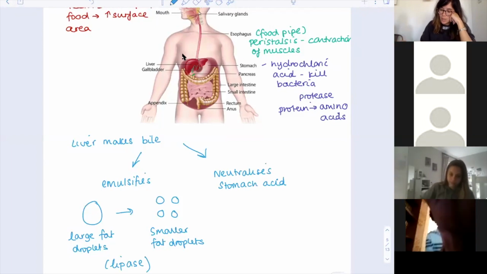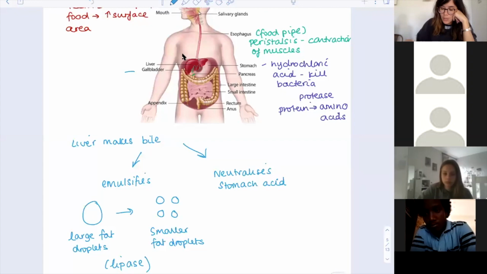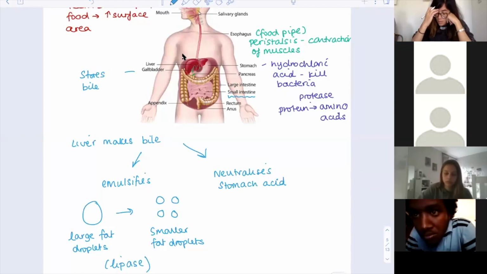You also need to be aware that the bile is stored in this little green object known as the gallbladder, and that bile is released into the small intestine. So that's actually where it gets to work. A lot of exam boards are very keen on asking you, number one, where bile is made, number two, where it is stored, and number three, where it gets released into.